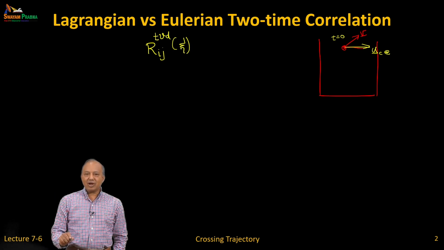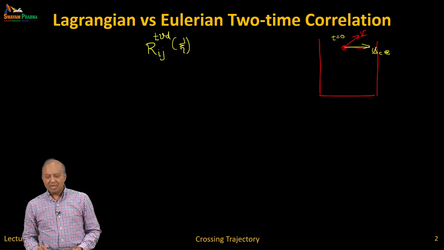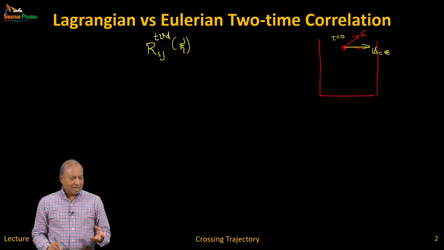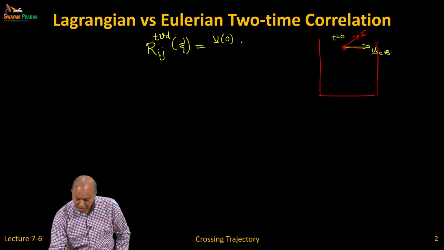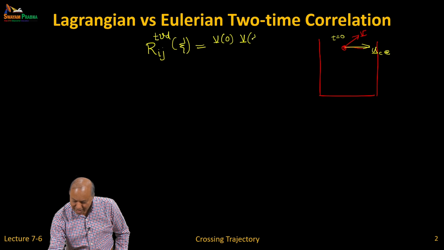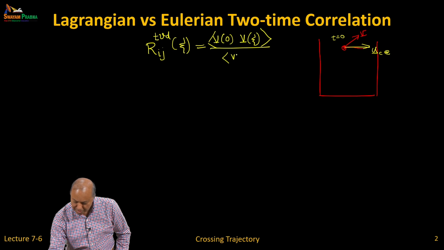This, I am not going to write it, I am going to say it in words, is nothing but particle velocity at some time 0 and particle velocity at a different time z.